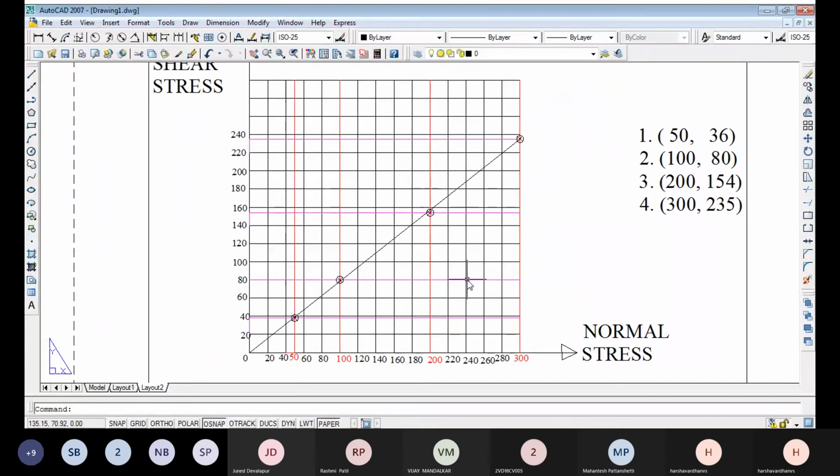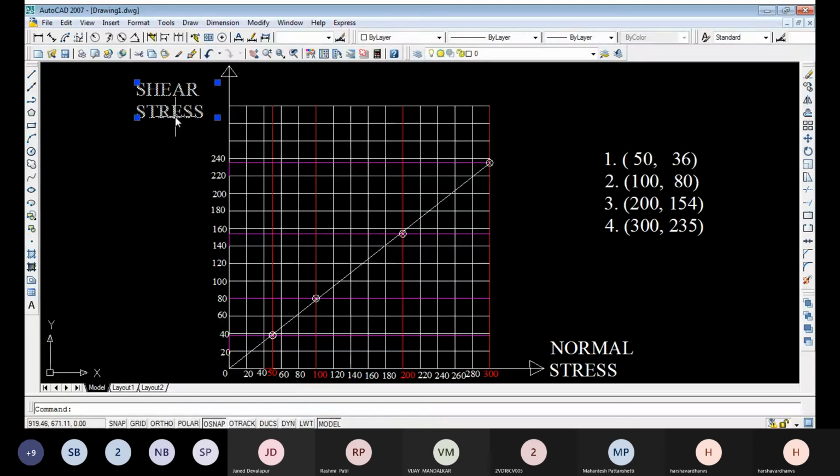So this is my graph. So in my graph, C is equal to 0.